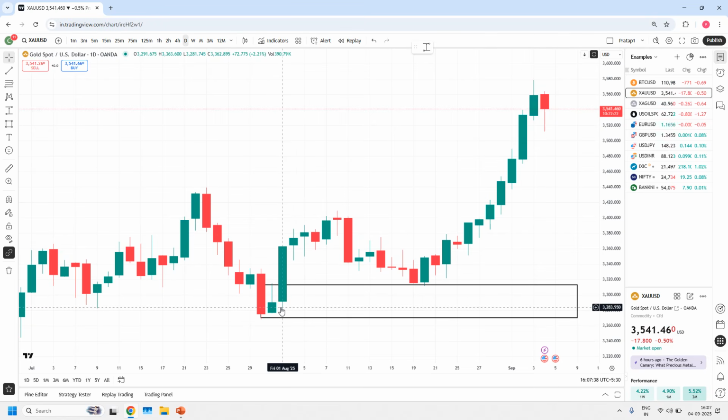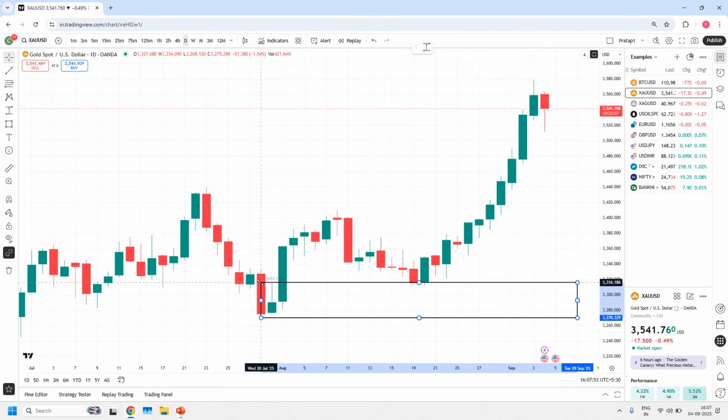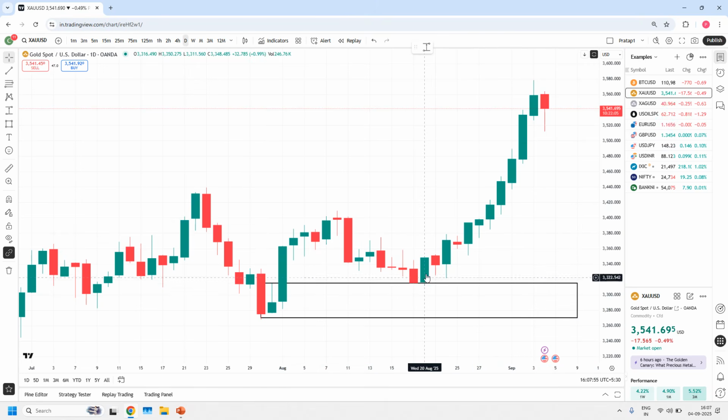See, gold, if you would have analyzed on the 1st of August, then on 20th August, you got a long signal here. See, prices entered in this area, balanced area. See here, prices entered.